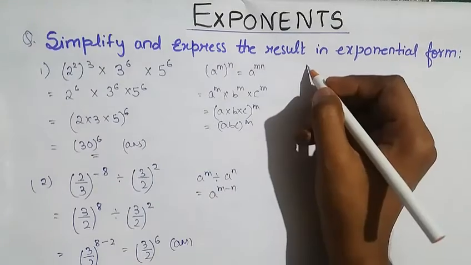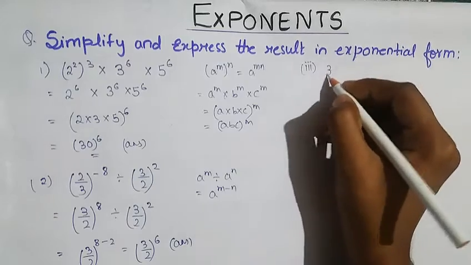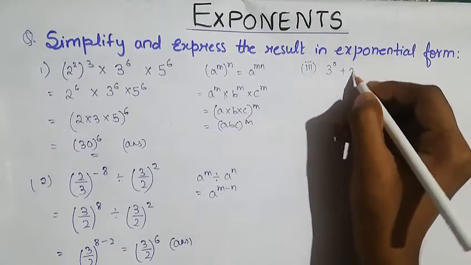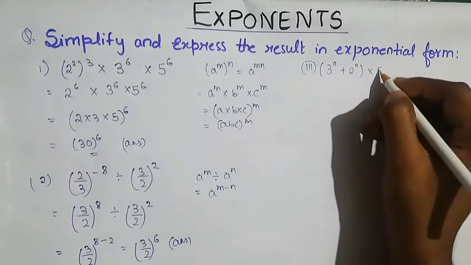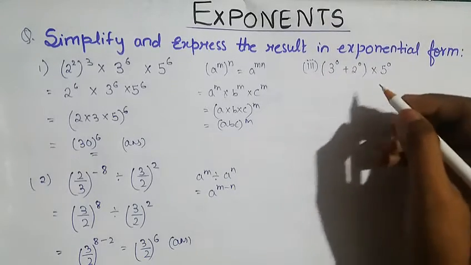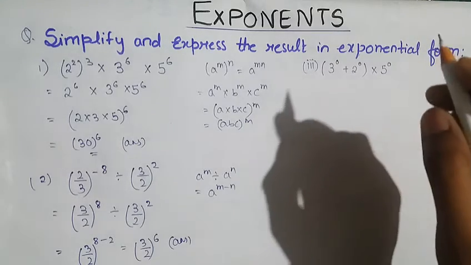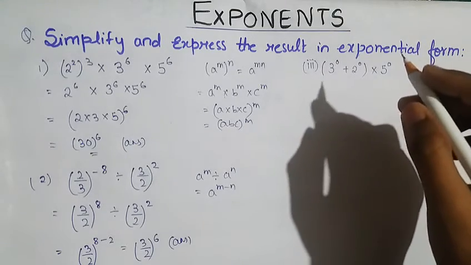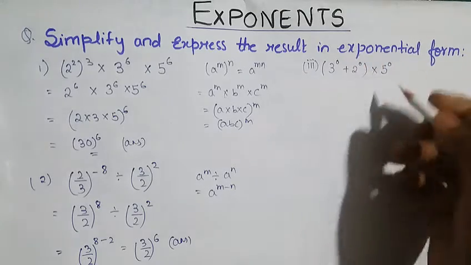Right, let's move on to the next sum, which is 3 raised to the power 0 plus 2 raised to the power 0, into 5 raised to the power 0. Now I hope you remember that I told you if we have any number, however large or small, if it has a power of 0, it is always equals to 1. So this is an easier one.